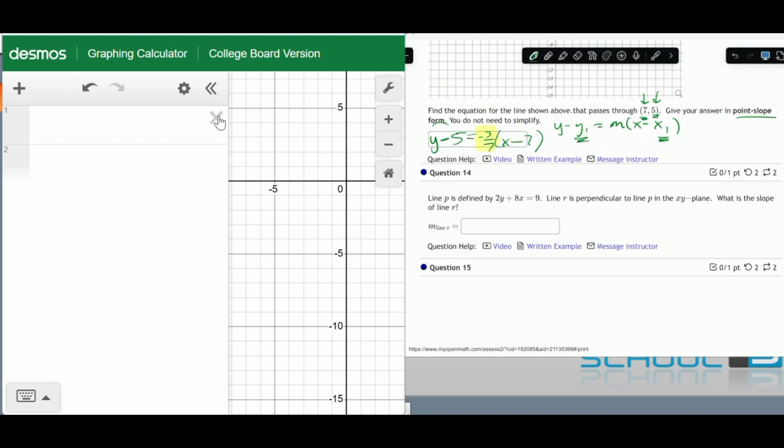Okay, same on this next one. The easiest thing to do on this is just to rewrite this in slope-intercept form. So that's solve it for y. So if you leave the 2y where it is, subtract 8x, and leave the 9 where it is, and then isolate your y by dividing every term by 2. This is going to give you the slope of your given line.